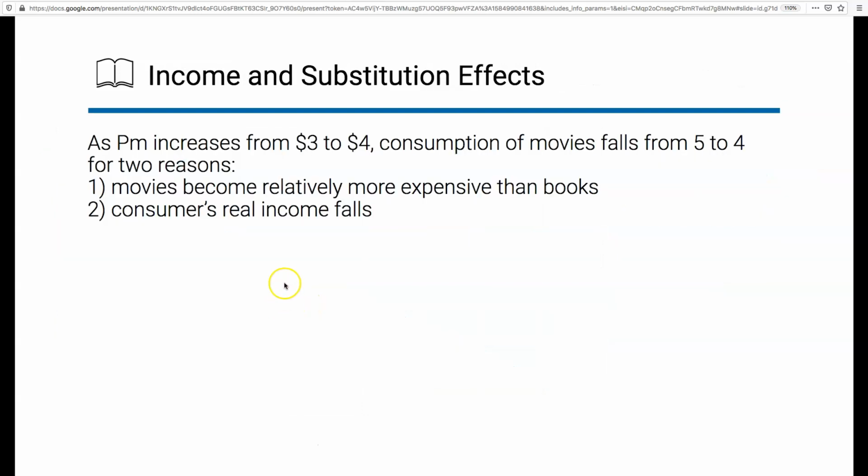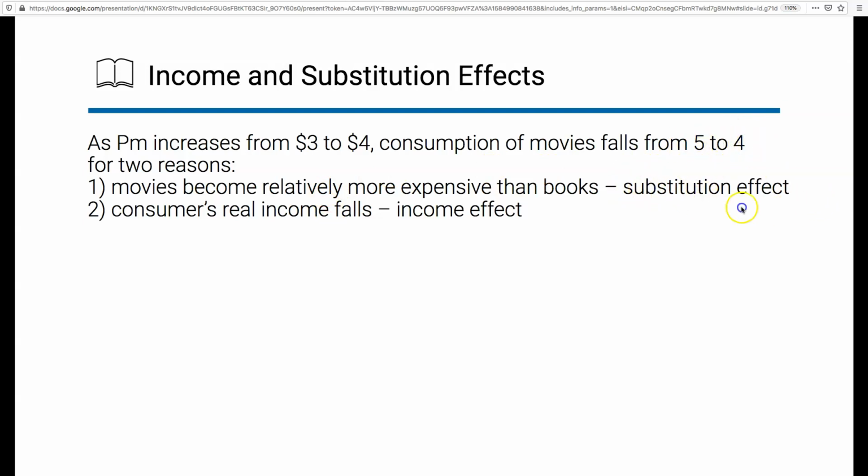For one, movies become relatively more expensive than books. The second reason is that the consumer's real income falls. So you can't buy some bundles that you would like to. And so we will try to split that reduction in consumption, a decrease by 1 unit, into 2 effects.